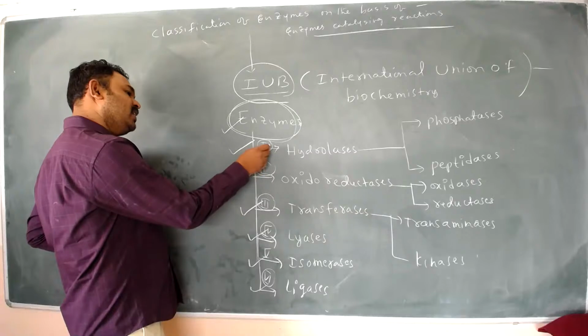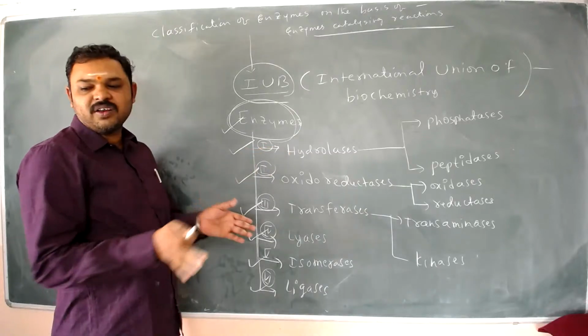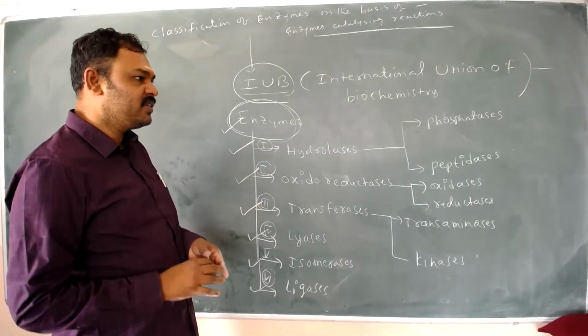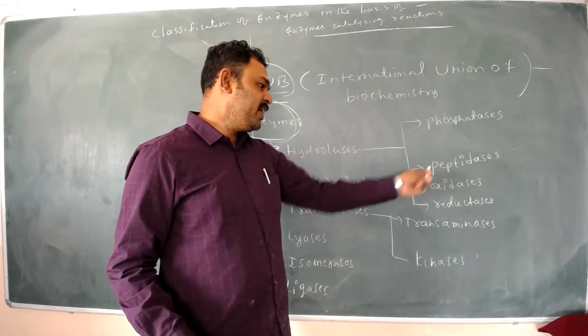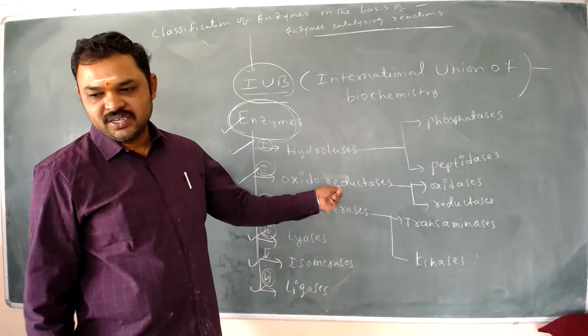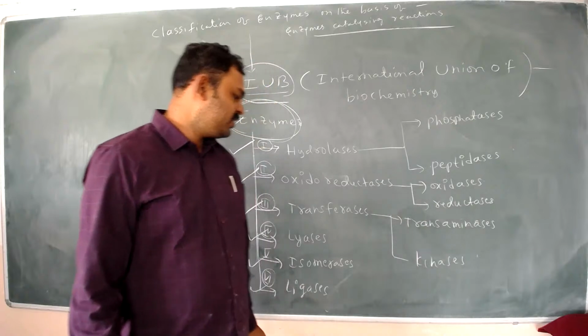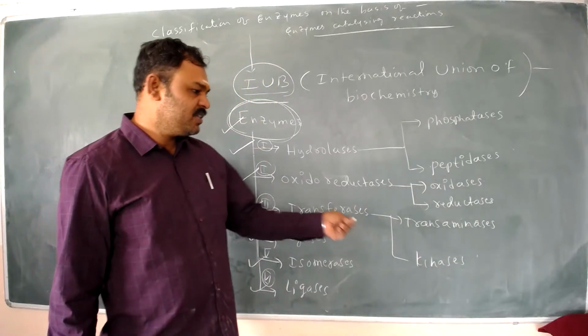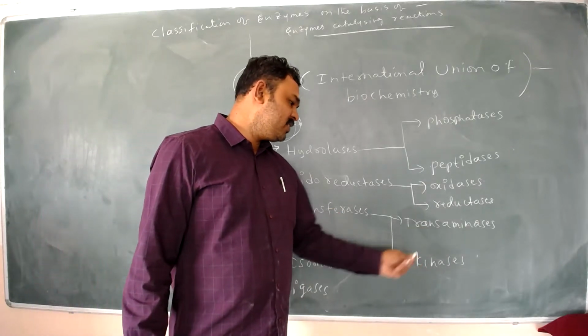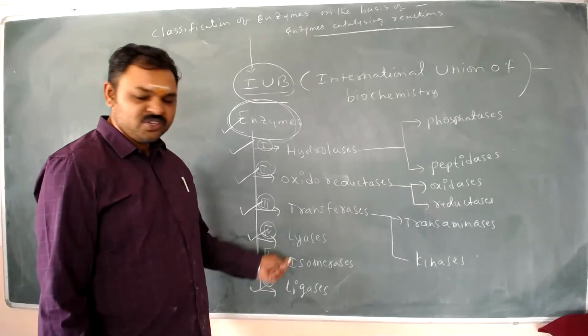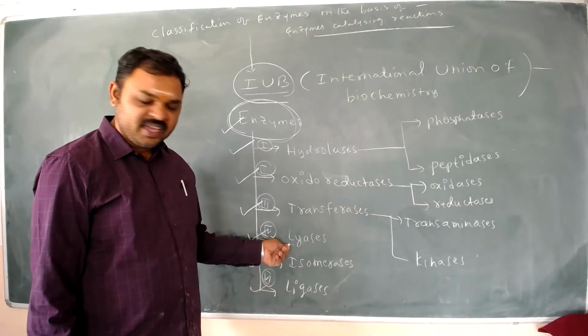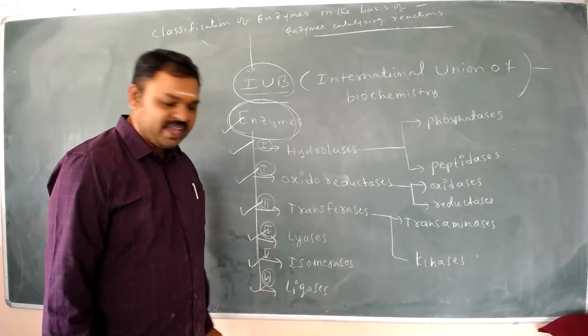In class 1, hydrolases, there is further division into 2 subclasses, phosphatases and peptidases. Oxidoreductases are divided into oxidases and reductases. Transferases are divided into transaminases and kinases. There are no subclasses in the lyases, isomerases, and ligases.